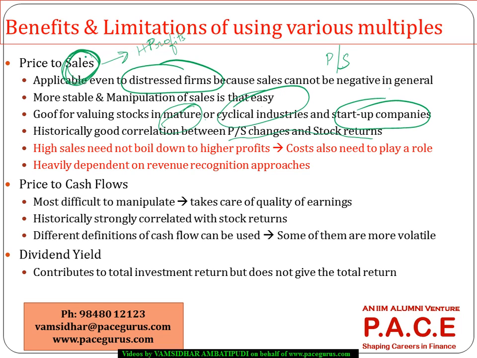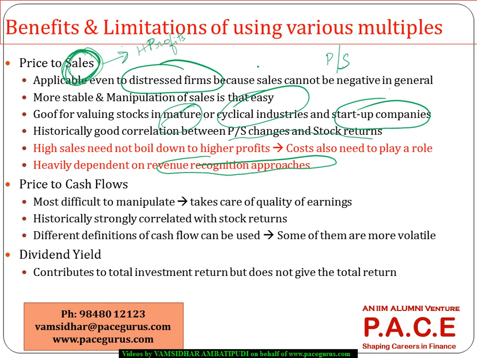So high sales need not boil down to high profits, especially if the costs are very, very high. And even from the manipulation standpoint, depending on the revenue recognition process that is being followed, there is a possibility of some kind of manipulation or tampering happening on the sales. So these aspects need to be clearly understood by the analyst.